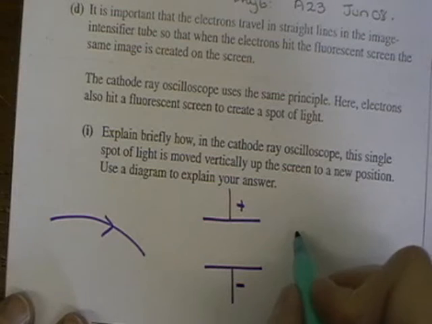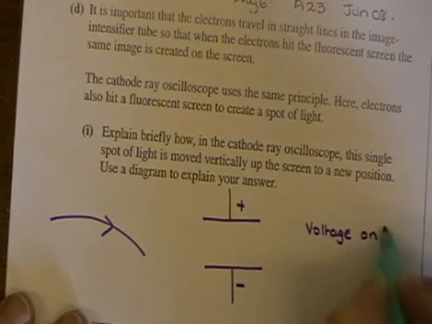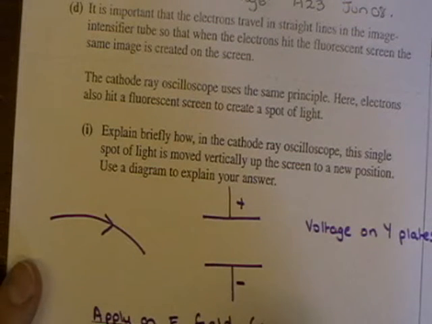And so you have got voltage on the Y plates. So you can apply an electric field with a positive charge on the top plate, and therefore the electrons experience an upward force.